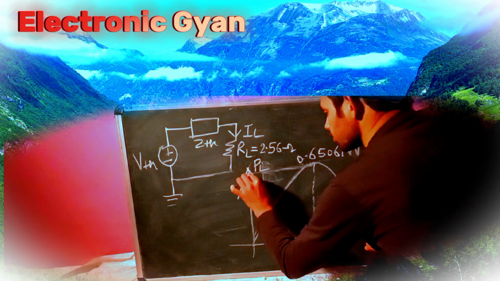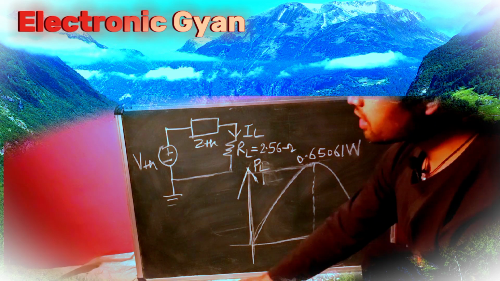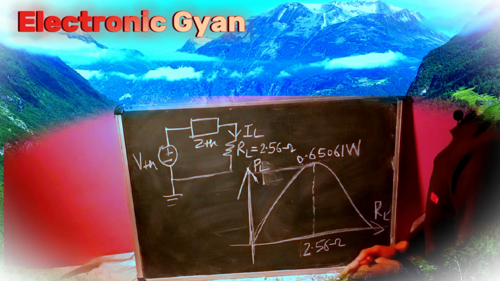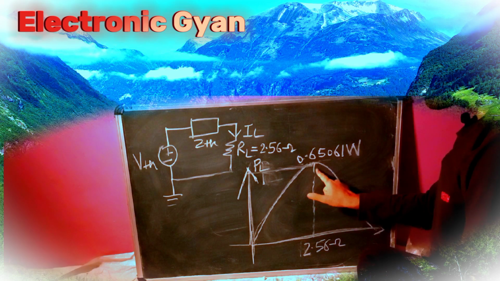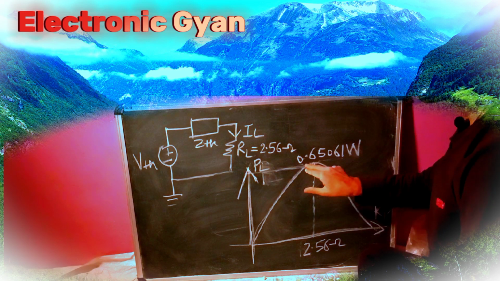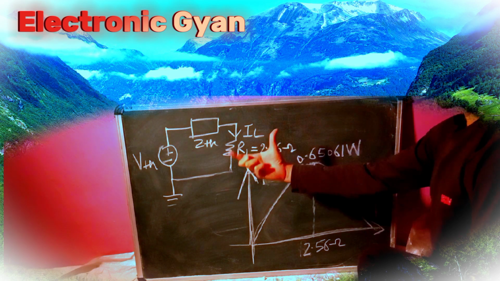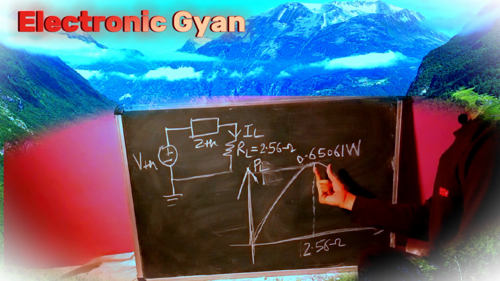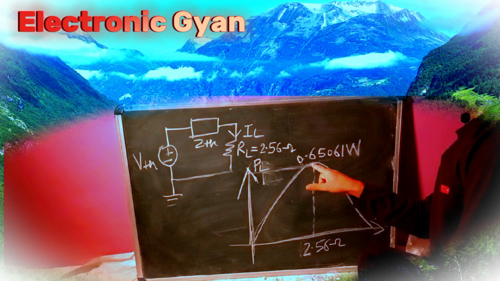This is how we can calculate the maximum power delivered through the real load in an AC circuit. When we derive the expression for the maximum power condition, we differentiate power with respect to load and set it equal to 0.